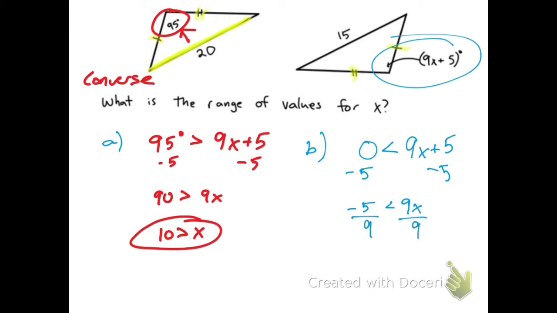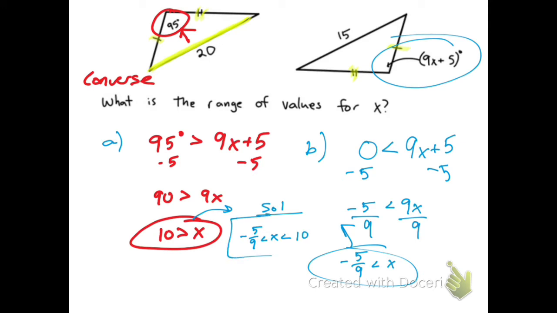And I get that x is greater than negative 5/9. So my range of values, when I combine both of these, my solution, is that negative 5/9 is less than x, which is less than 10, and this is my answer.